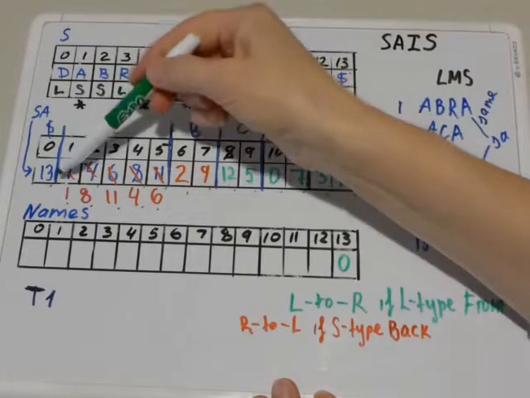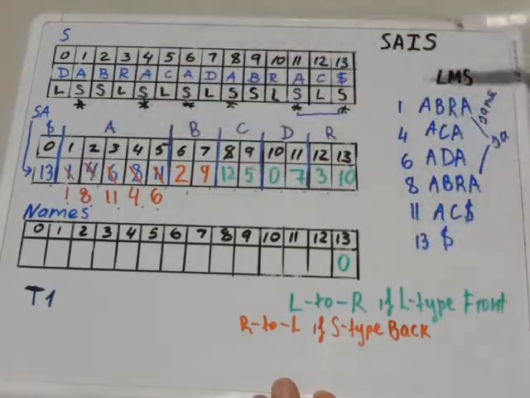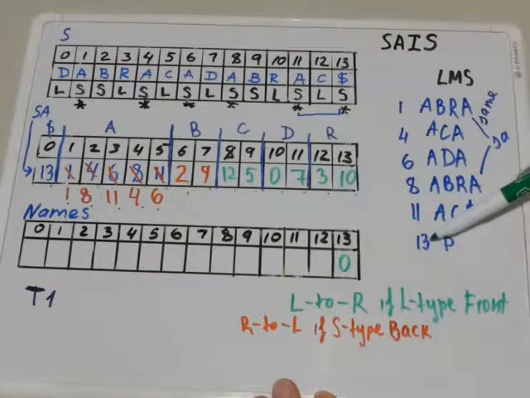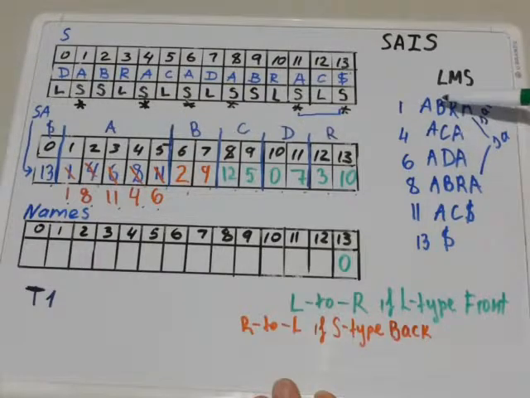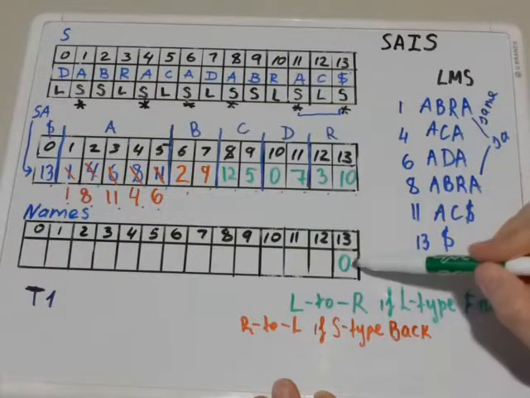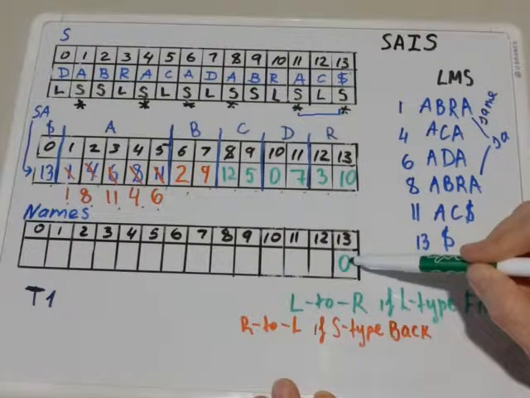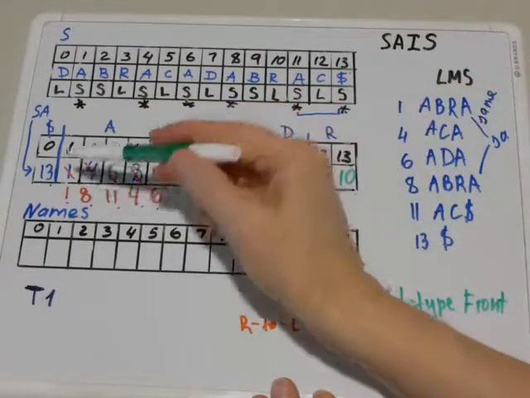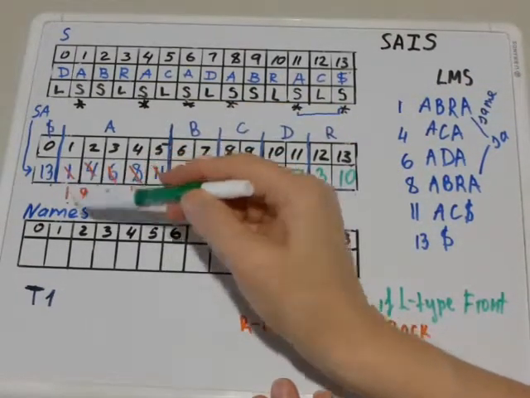The next LMS substring is at position 1. LMS substring Abra is different than LMS substring starting at position 13. So we assign LMS substring Abra a different name, the next available. The next available name is 0 plus 1, which is 1. So we put 1 at position 1 here.